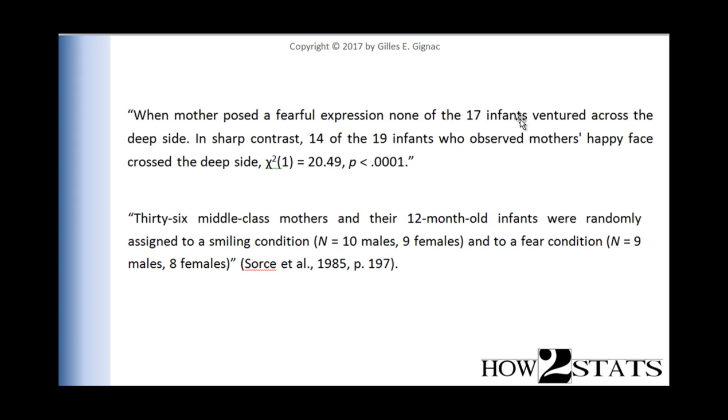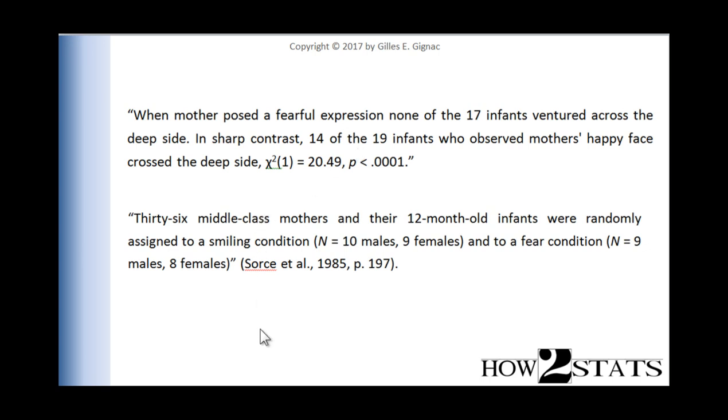None of the children who approached the visual cliff and saw the mother express fear crossed the visual cliff. They took the cue and didn't move, and in fact, if you read the paper, they actually went backward. In sharp contrast, 14 of the 19 infants who observed mother's happy face crossed the deep side.